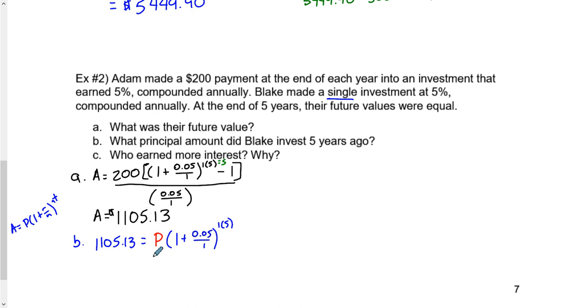And then to calculate what our P value is, we'd have to divide by what the P is being multiplied by. Now this would for sure be a perfect case that I want to actually use my calculator, because normally money is not calculated to the nearest ten-thousandth.